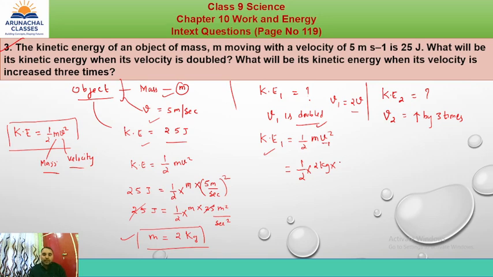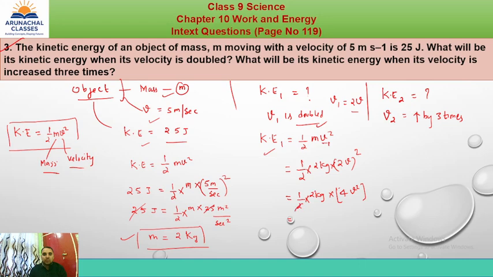So the new velocity is 2 times the previous velocity. So it will be 2v whole square. So it will be half, multiplied by 2 kg, multiplied by 2 squared, which is 4 v square.